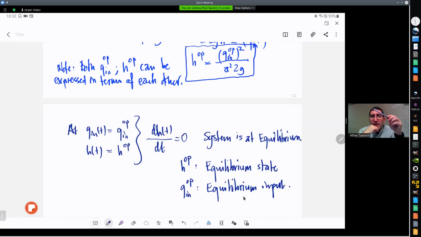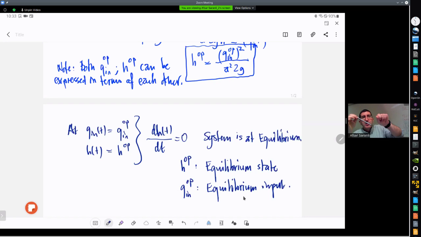So if you want to talk about an equilibrium state, you would drive the motor. If you drive the motor harder, you will arrive at a point with a larger angle. If you drive the motor with a slower speed, you will arrive at an equilibrium somewhere over here.